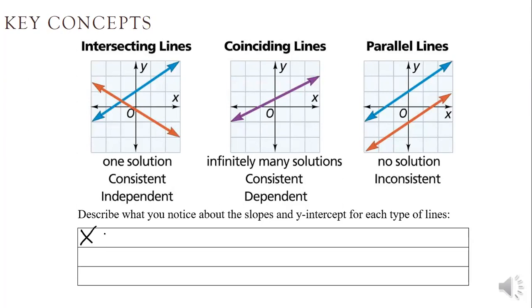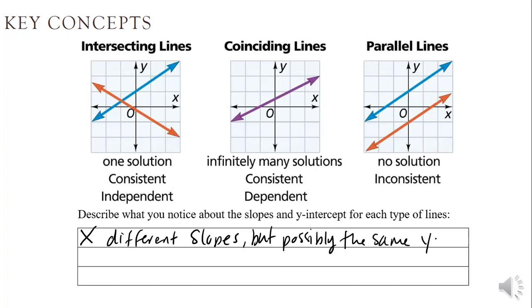When 2 lines are intersecting, that means that they have different slopes, but possibly the same y-intercept. Okay, it doesn't have to be the same, but the y-intercept could be the point where they intersect, right? We can start at the same, but we grow differently. Does that make sense?